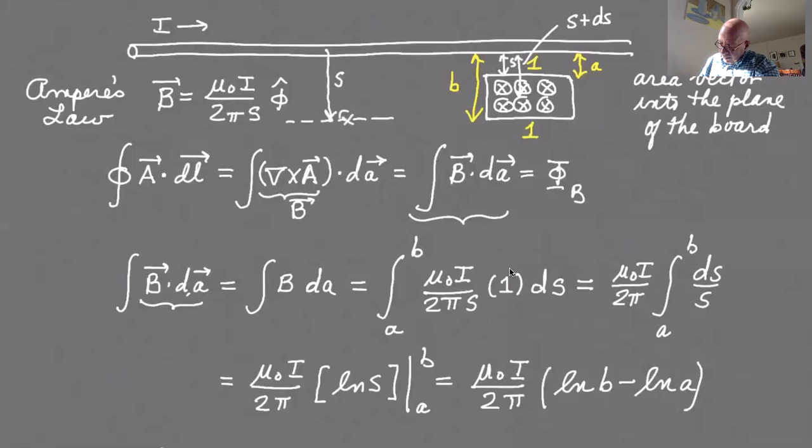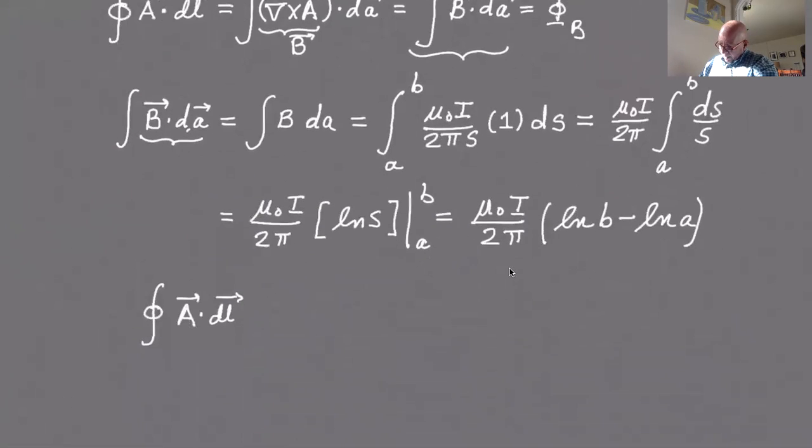Remember, it's into the plane of the board here, okay? That means that the vector potential along that line must be the same at the distance s as well. It's not a constant, but whatever the vector potential is, it's the same at a distance s away from the wire. And we also know that the vector potential is in the same direction as the current, right? We discussed that in the last problem that we looked at, all right?